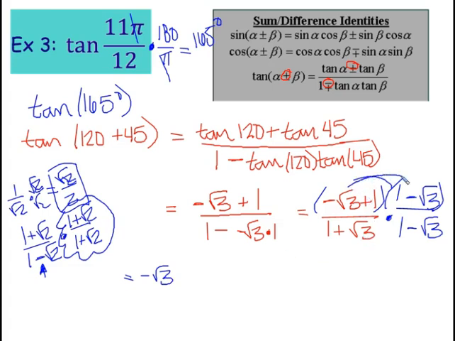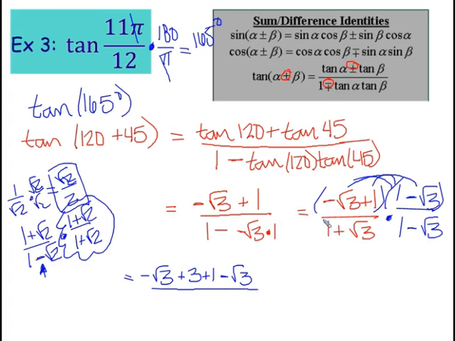Negative square root of 3 times a negative square root of 3 is a positive square root of 9, but the square root of 9 is 3. Now let's do our inside one. 1 times 1 is 1, and 1 times negative square root of 3 is a negative square root of 3.